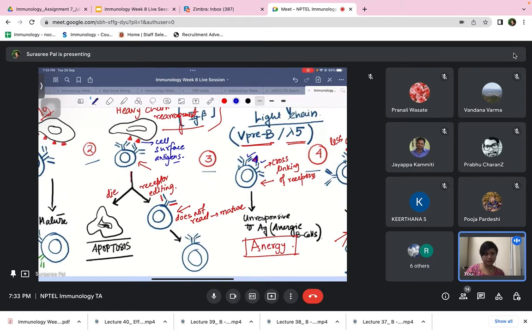So the fate finally is death only. But for the time being, they will enter into this state of anergy. Soluble antigen means which is not bound to the cell surface, which is soluble in the bloodstream, or which enters into the lymph nodes, right?